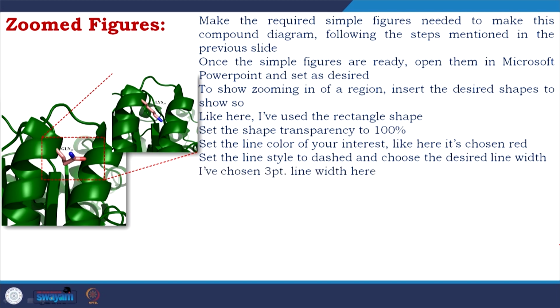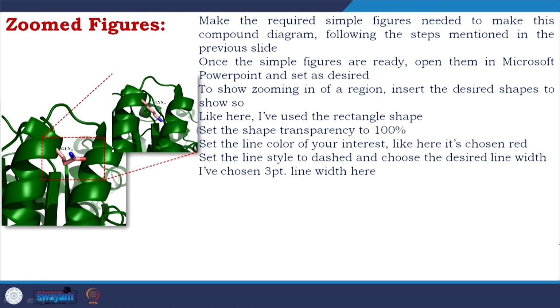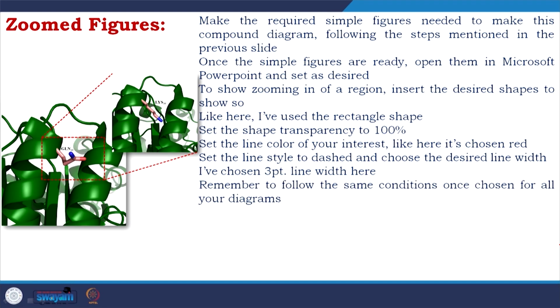These are not needed scientifically, but by doing that carefully you will make a more attractive publication quality figure. We have chosen 3-point line width here. You always remember to follow the same condition once chosen for all your diagrams.